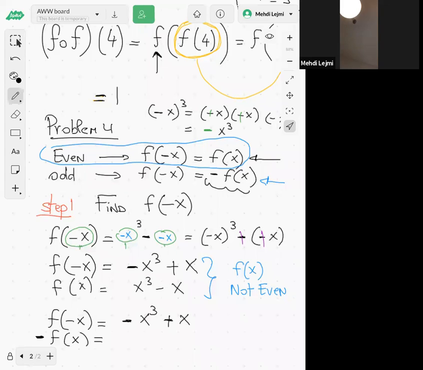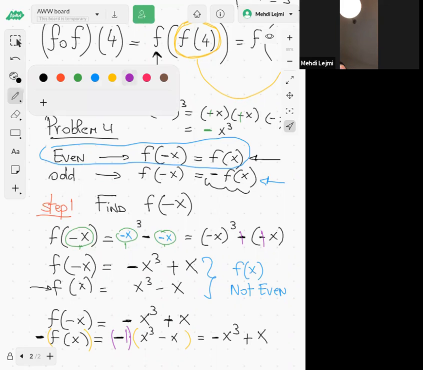What's minus f of x? Well, for the f of x, guys, you have to use parentheses. So this is minus parentheses f of x, which is x cubed minus x. If you multiply by this minus, we think of it as -1. So -1 times x cubed is negative x cubed, and -1 times minus x is plus x.